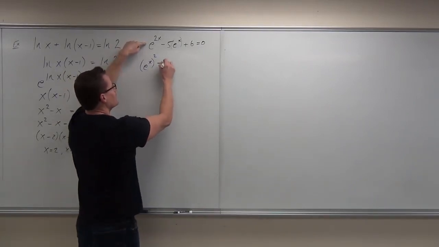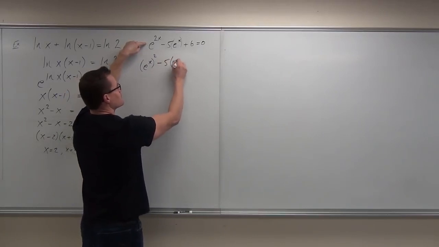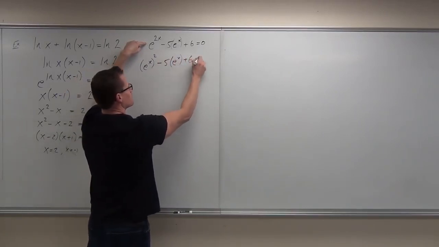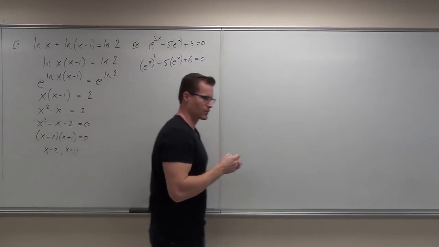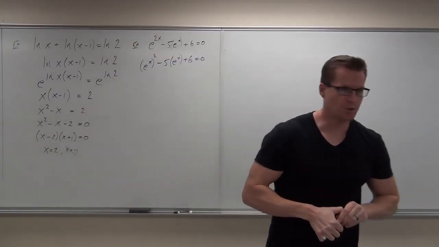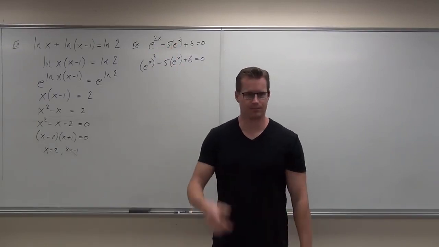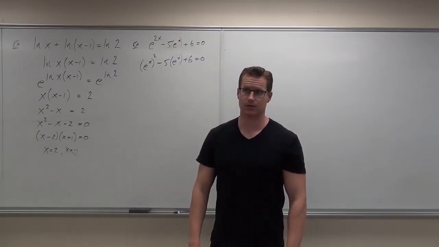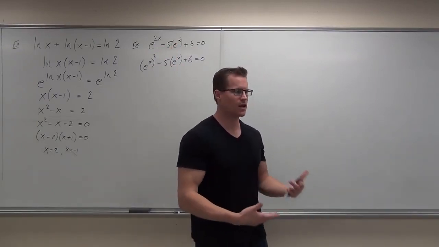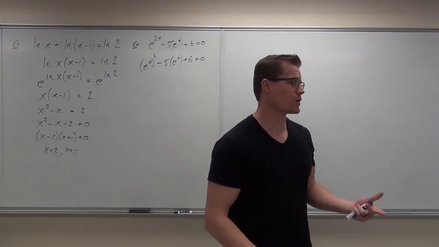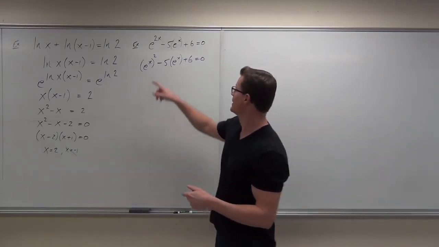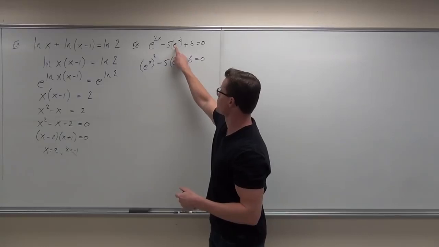Minus 5. Let's keep this in parentheses here real quick. Here's what you try to do if you don't know immediately how to solve this problem, because I'm guessing you look at that and go, I don't know. Well, if it's got 3 terms in it, maybe try to make it into a quadratic. What I saw right off the bat is that this is this part squared.